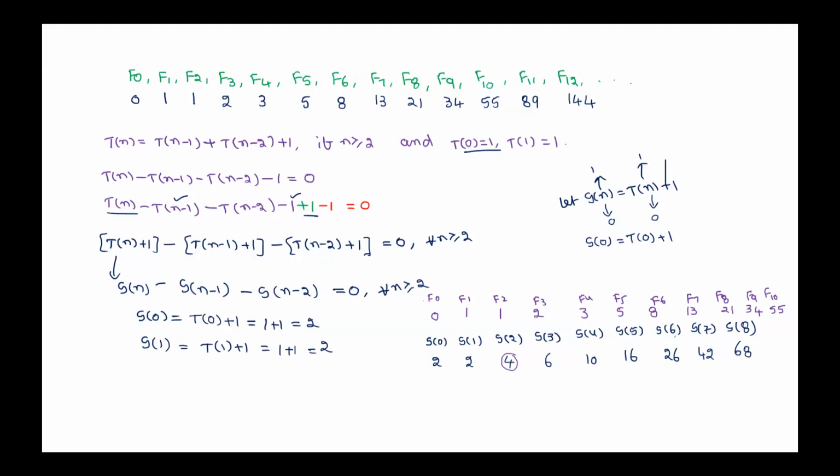S1 plus S0, yes, that is correct. In terms of F's, only one F we need to say. If that is not possible, again we need to solve this recurrence relation.